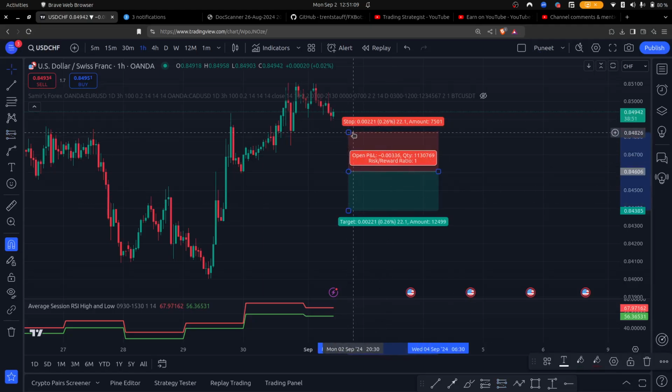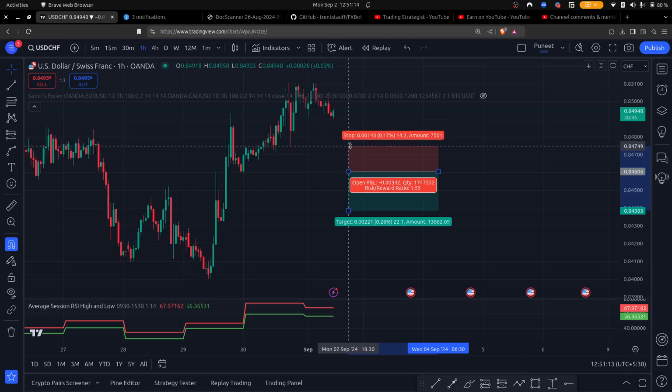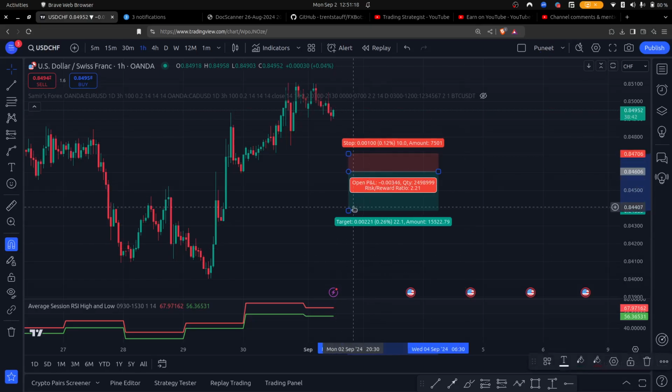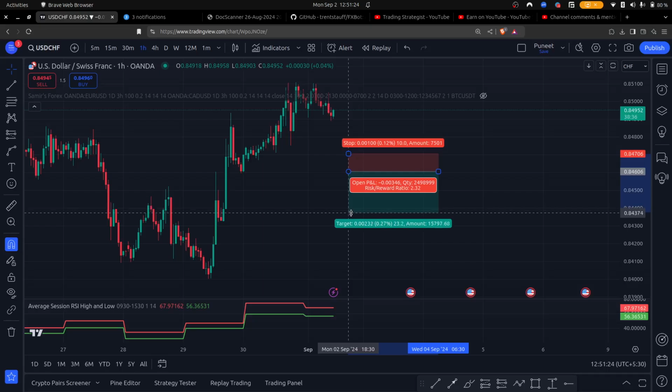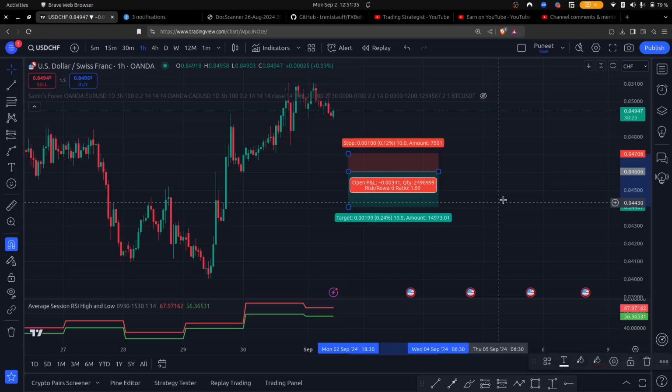So I went with a stop loss of about 100 points, right? So 100 points is going to be this, and again I went for a take profit of 200 points, somewhere around here, right?